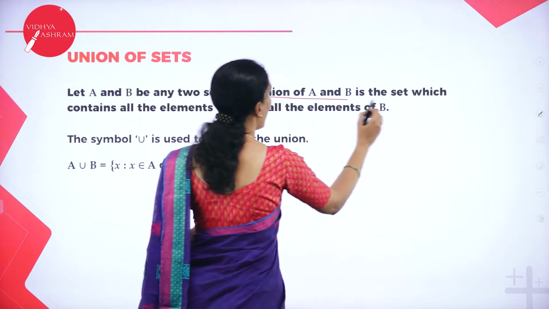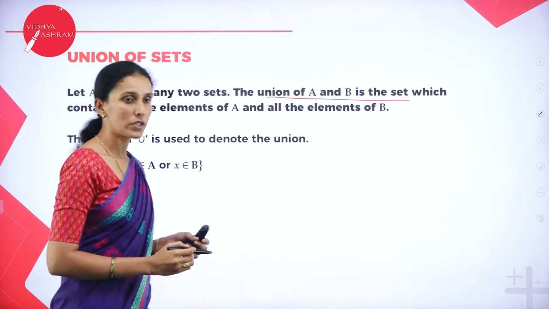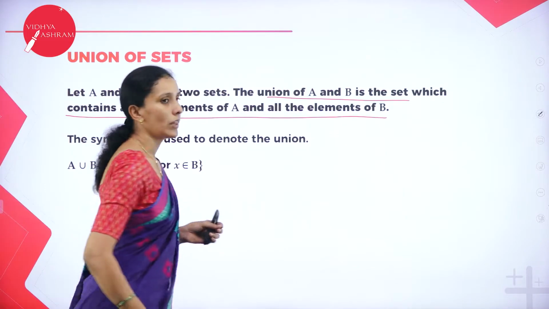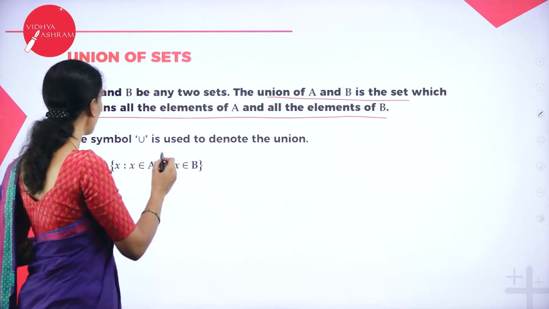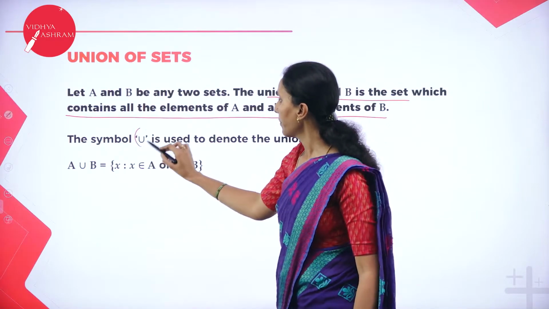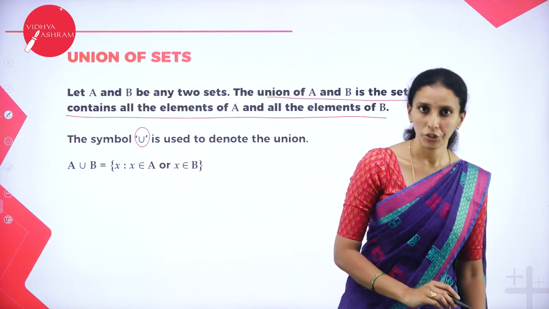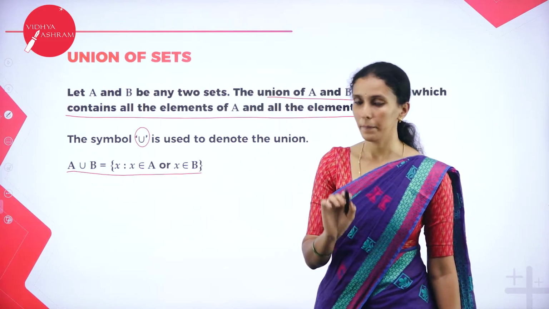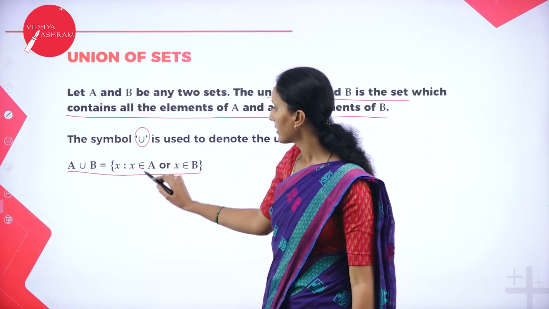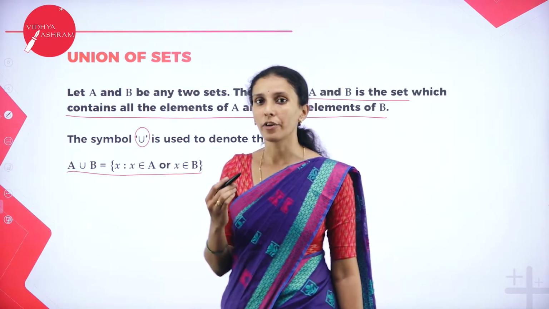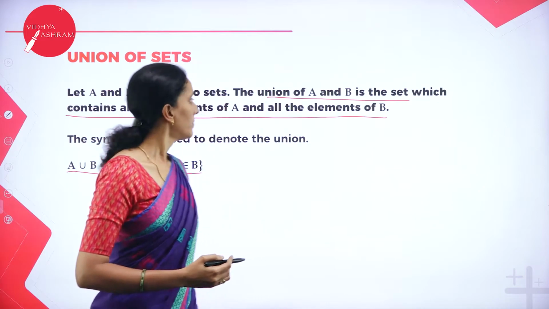If A and B are any two sets, A union B contains all the elements of A and all the elements of B. Symbolically we write A ∪ B. So we use this symbol to represent the operation union, and the definition can be written as A ∪ B means all the elements from A or B. So you should write all the elements from A and B.